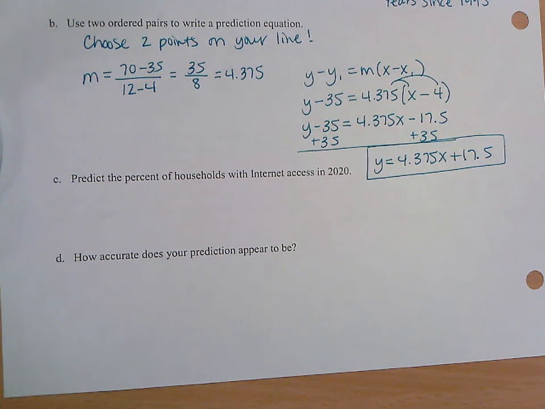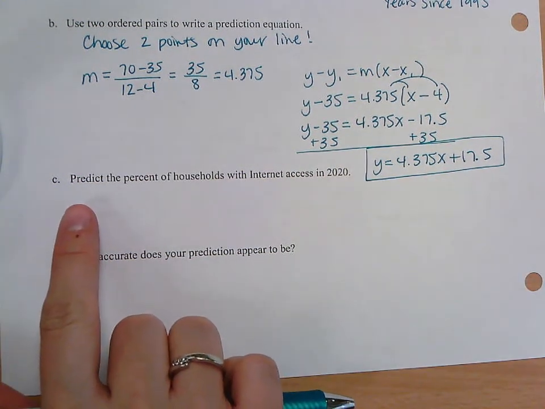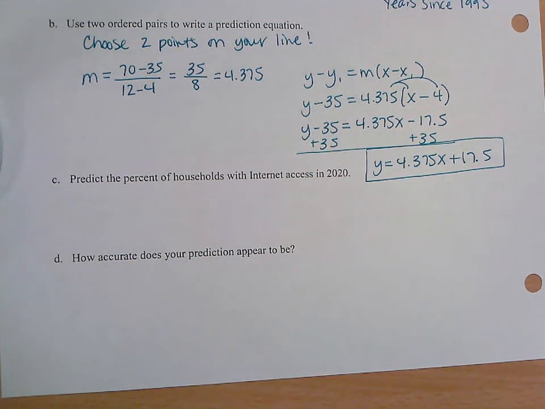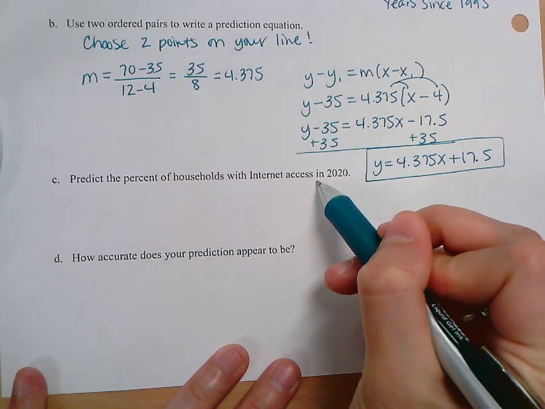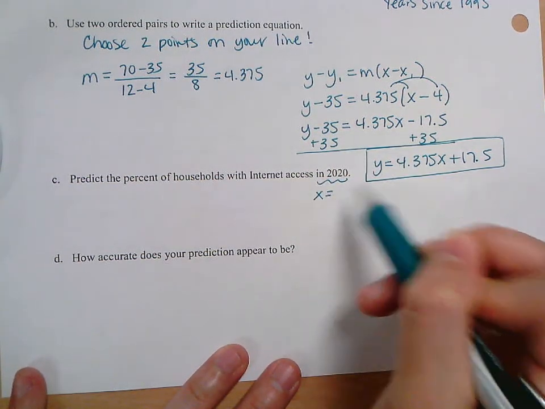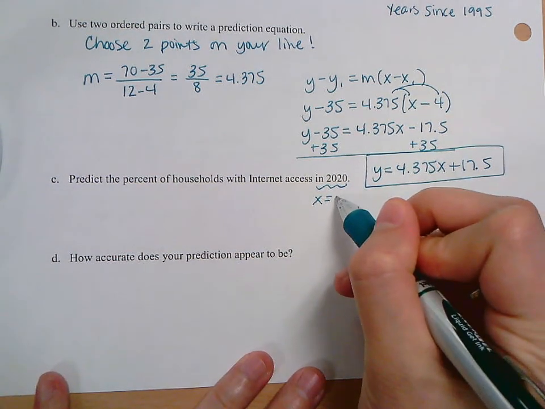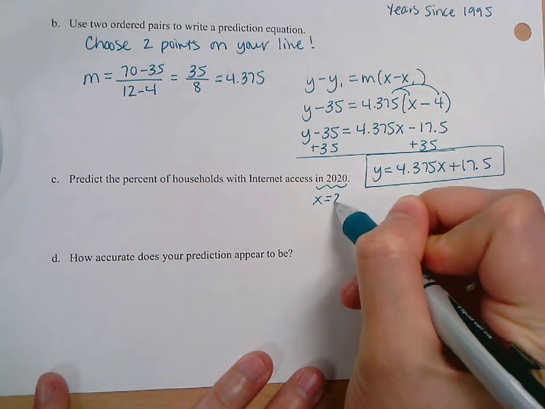Okay, and then for C, you're now using this equation to predict the percent of households with internet access in 2020. So if the year is 2020, what is x? 25, yes, because 1995.